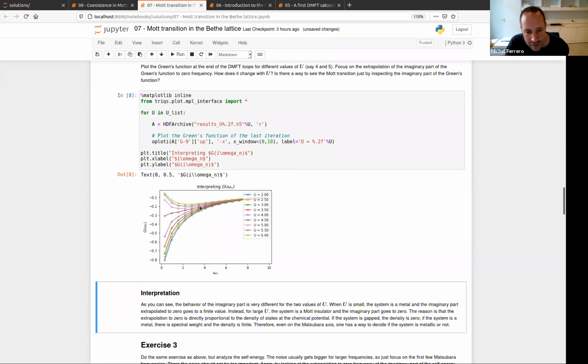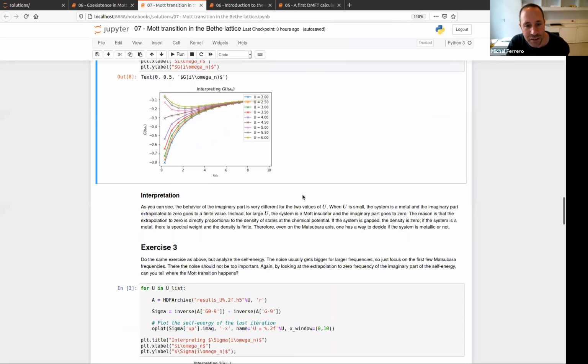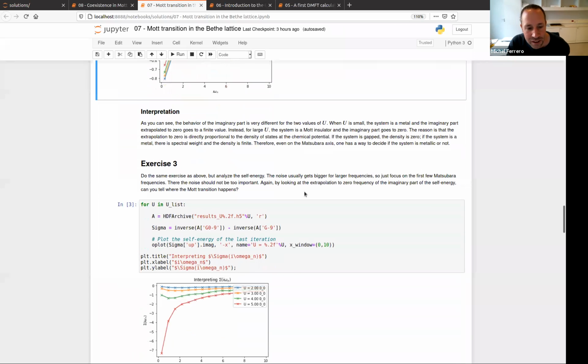But by remembering that the extrapolation of those curves to zero frequency tells me what is the spectral weight at omega equal to 0, I can at least tell whether I'm sitting in a gap, in which case it extrapolates to 0, or if I'm sitting in something that has finite density that still has a quasi-particle peak. And you see the transition happens somewhere between U=4 or maybe U=4.5 and U=5, right? So that's how you can read a Green's function along the Matsubara axis.